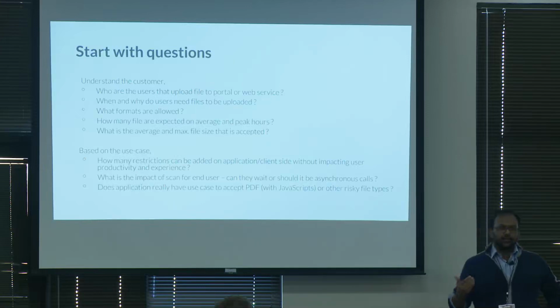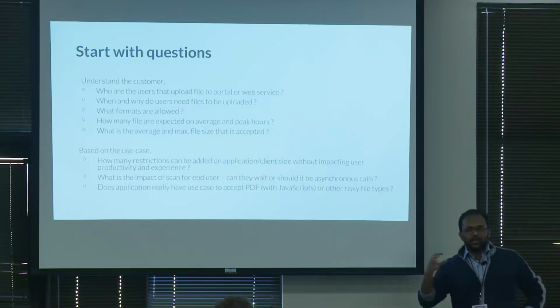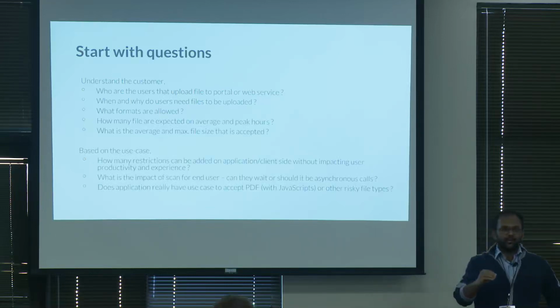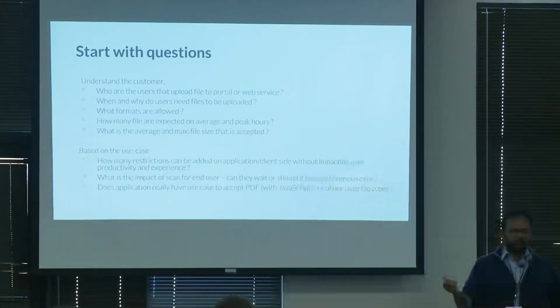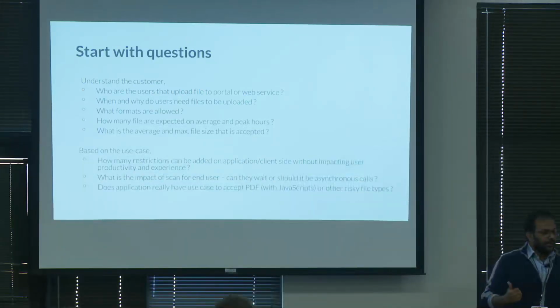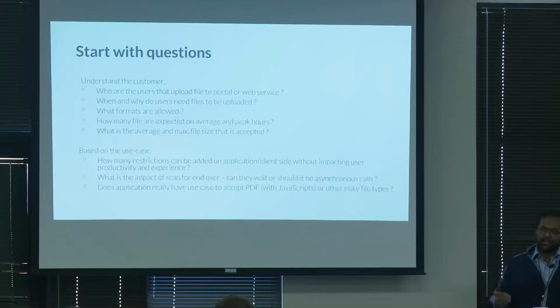Depending on that, you would then decide what enforcement can be done on the application side. Can you enforce a particular file type whitelist, or can you enforce asynchronous versus synchronous calls? What will the user do if a file is being scanned, for example? And then you can also think about risky file types and see whether the application really needs them, or is there a way to blacklist those types of files.